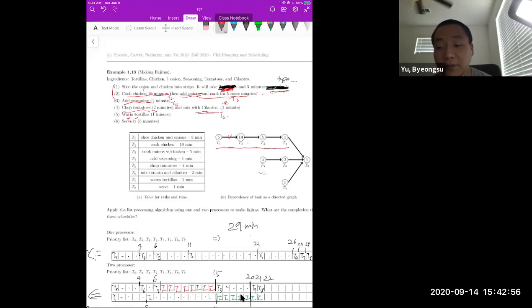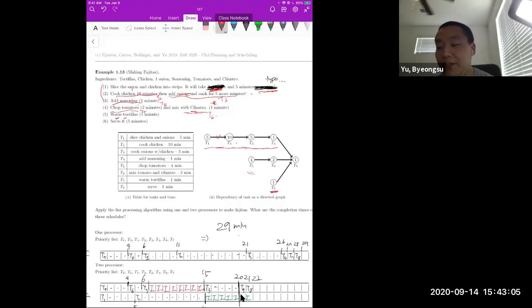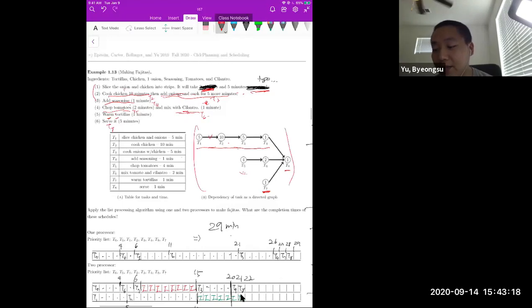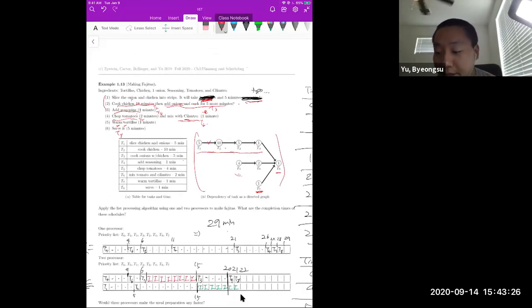Also, you can do warm tortilla without chopping tomatoes or cooking chicken. So this is another one. And to serve it, you need to put everything into one dish. So that's why the last job, serving it, T8, requires all other jobs to be done, right? So that's how I can make the dependency of tasks, or the requirement diagram. Okay, do you have any question on this part?